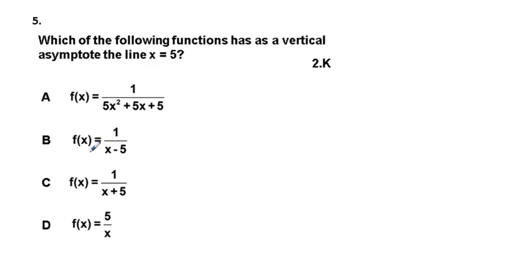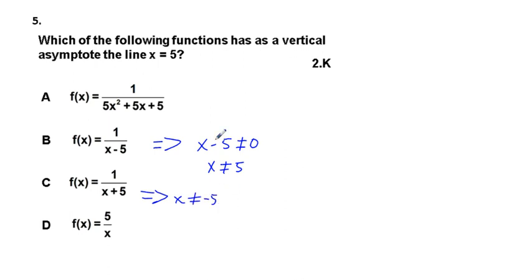5. Which of the following functions has as a vertical asymptote the line x equals 5? I don't know how factorable A is, probably not. But here, for choice B, we can set our denominator not equal to 0. So if we add 5, x cannot equal 5. For answer choice C, x cannot equal negative 5.